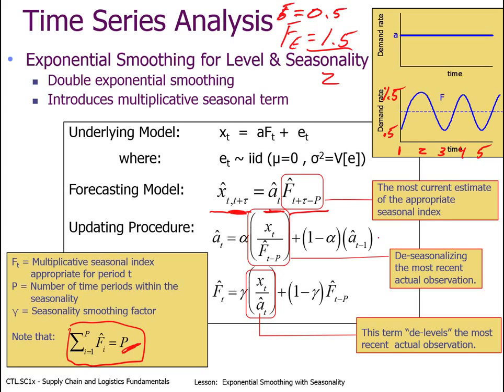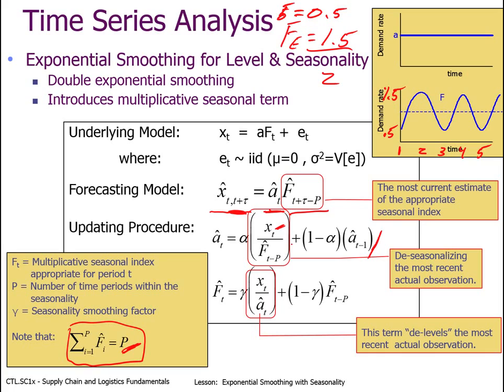Now my old information we should be familiar with. That's the estimate of the level from the previous time period. The new information, think about what we're trying to do here. We're trying to see what the average demand is going to be with this new information. So what I'm going to do is de-seasonalize it. I'm going to take that actual demand, x sub t, what actually showed up at time t, and divide it by the seasonality index that's appropriate for that time period, the most recent estimate of it, f hat t minus p.